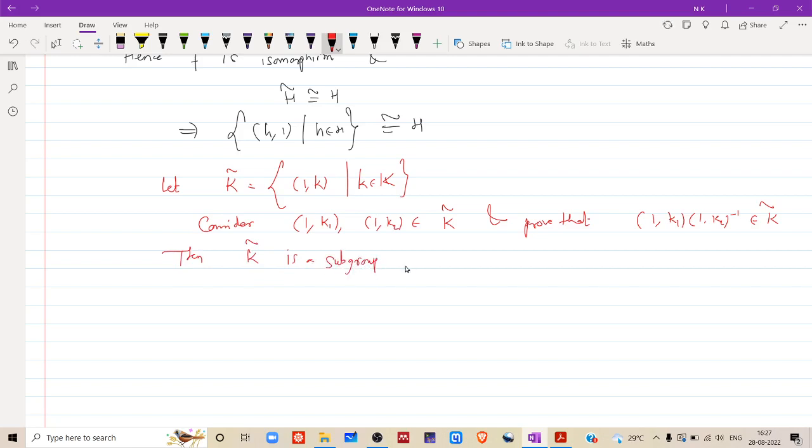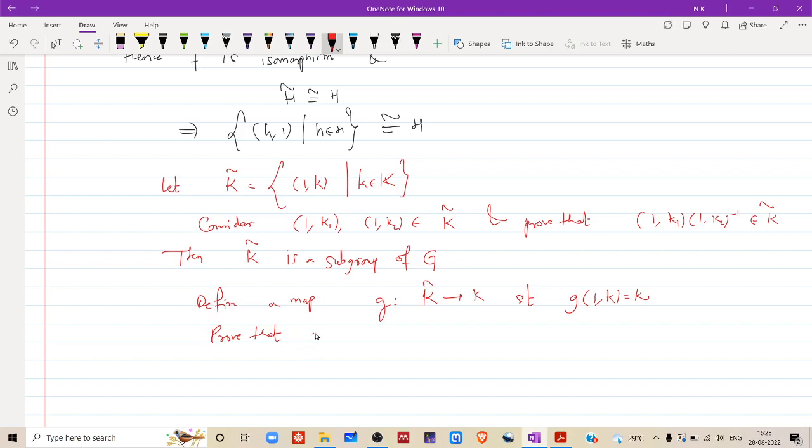And to establish isomorphism between this set and K, define a map. It's very simple. Define a map, say g from k tilde to K such that g of (1, k) equals k. As a map define it, and prove that it is an isomorphism using the same methodology that we have adopted in the previous discussion.